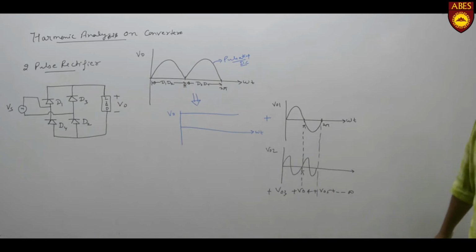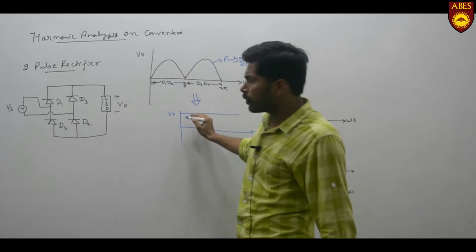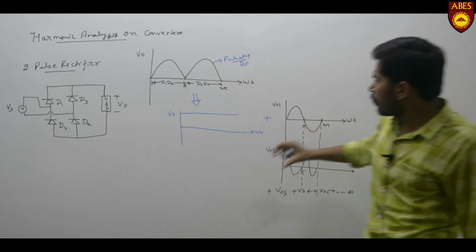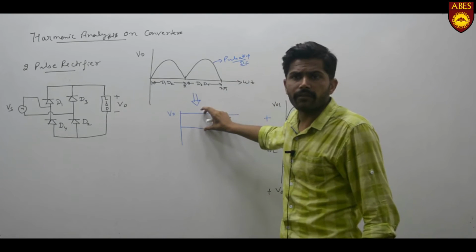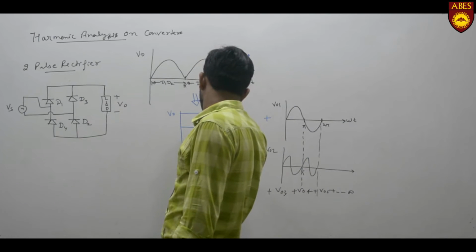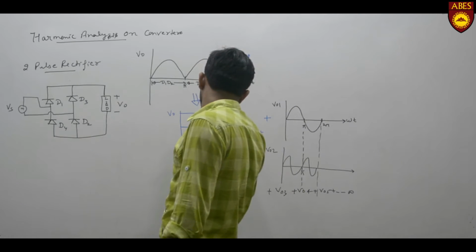For all DC loads, the DC component is useful for us, and all these harmonics are useless. So we require only this at the DC side of the rectifier, because this is the perfect DC. So this is our useful load.